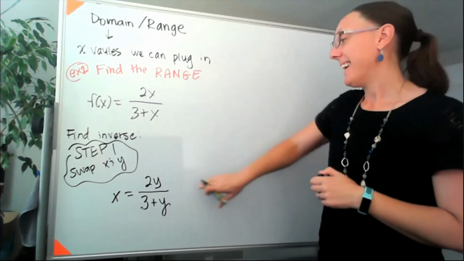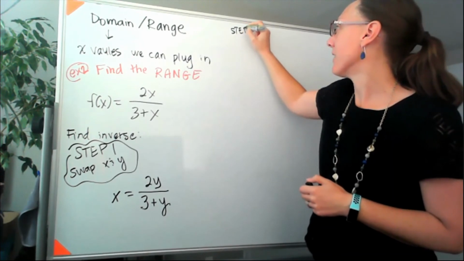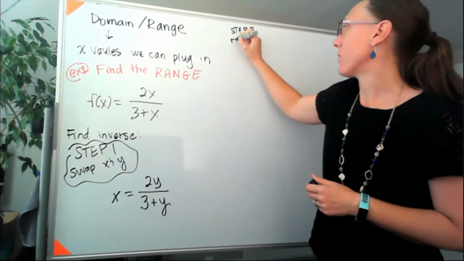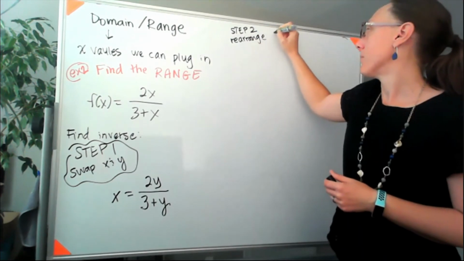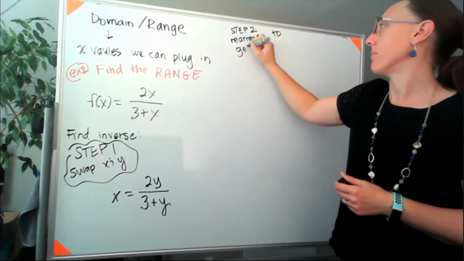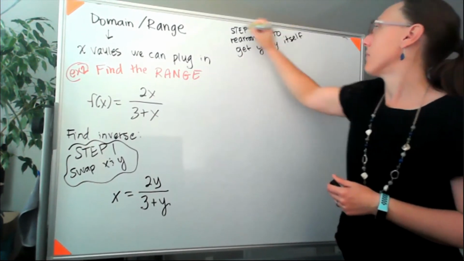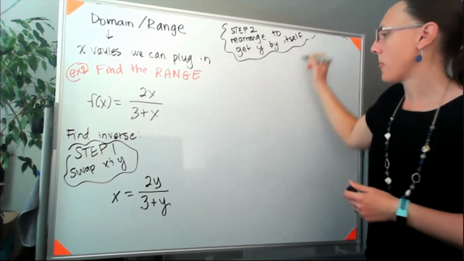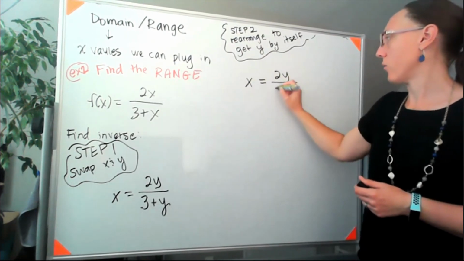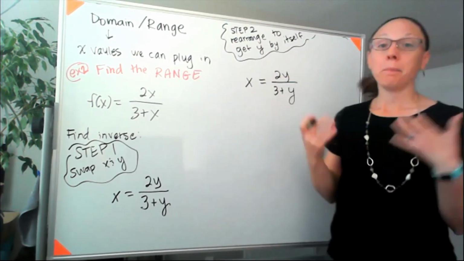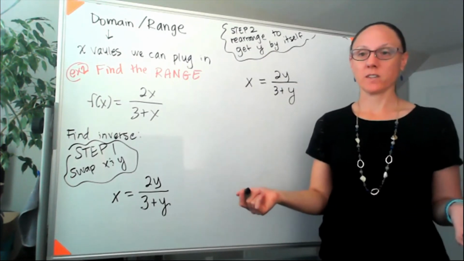Okay, next step, if we're finding the inverse here, step 2, I want to rearrange to get y by itself. And right now I'm looking at x is equal to 2y over 3 plus y. I'm going to look at that and say, hey, I've got a fraction and an equal sign.